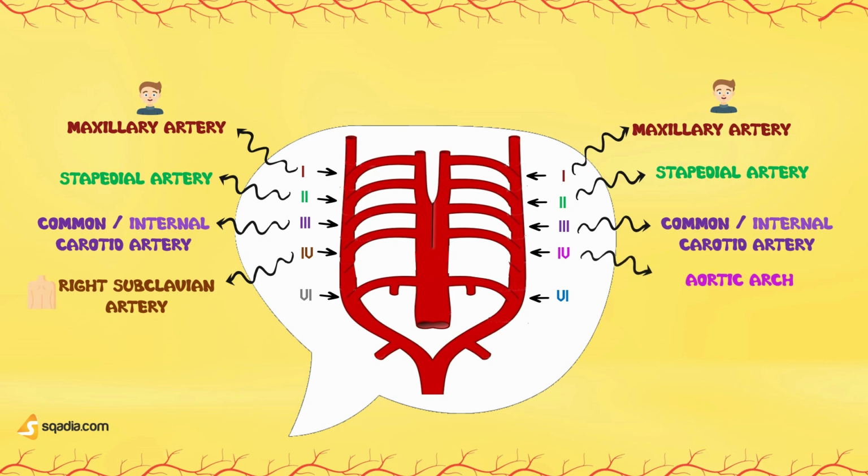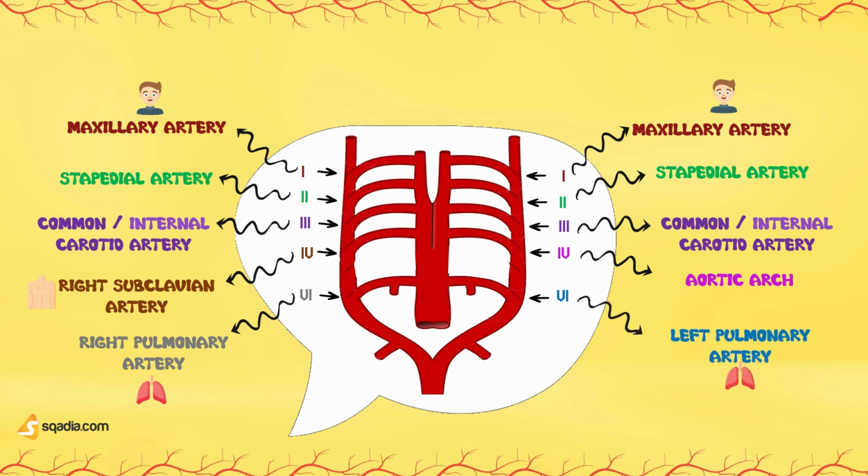Now, moving to aortic arch 6. Aortic arch 6 of right side gives right pulmonary artery, and aortic arch 6 of left side gives left pulmonary artery and ductus arteriosus. Now, let's see how these conversions occur.